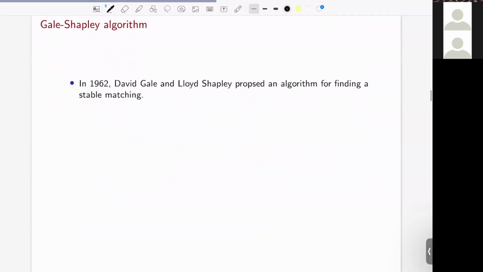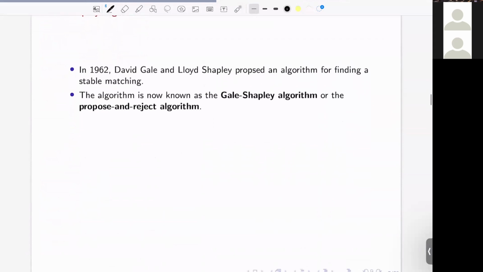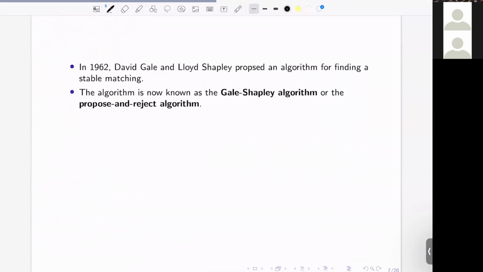Great. So I'm going to explain one algorithm due to Gale and Shapley. Shapley and another person, Roth, got a Nobel Prize for some work including this algorithm. It's known as the Gale-Shapley algorithm or propose and reject algorithm, and it's pretty simple.